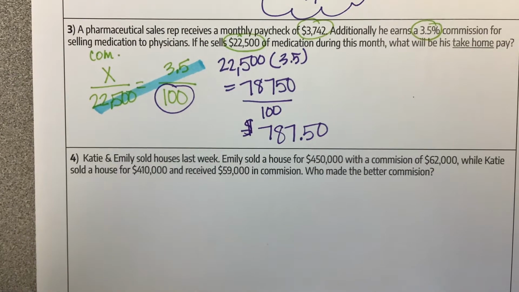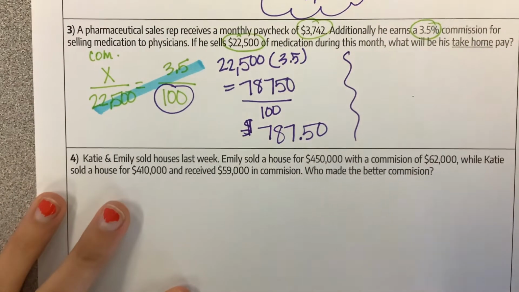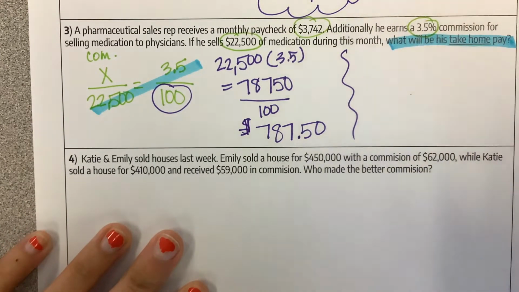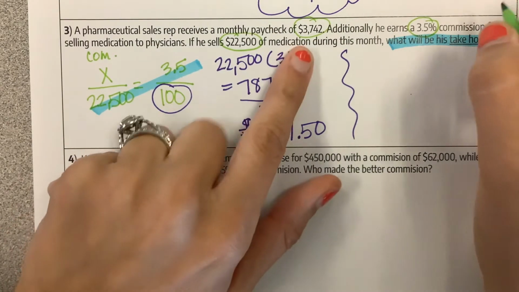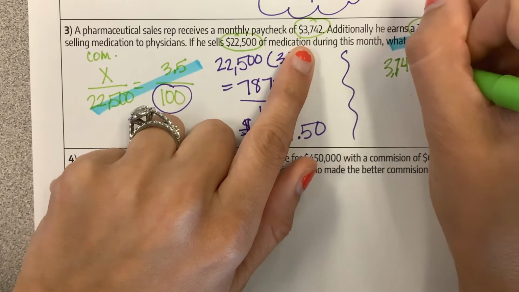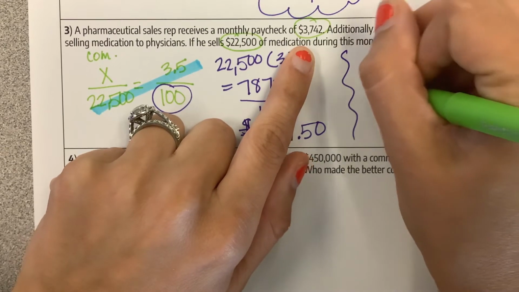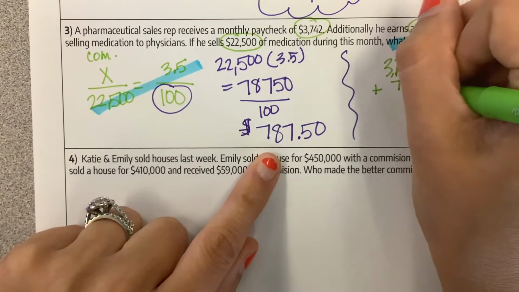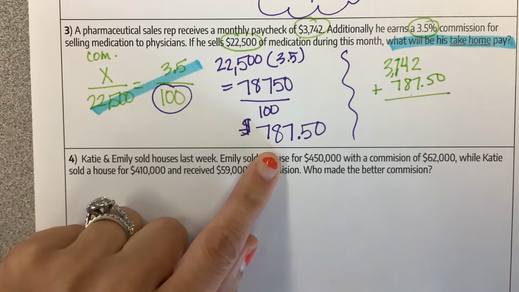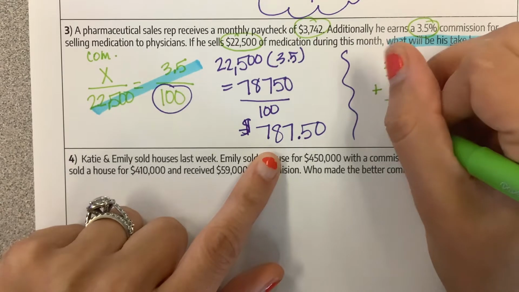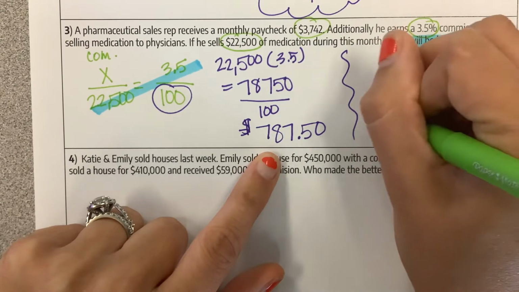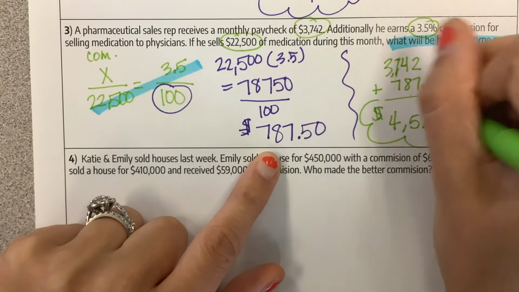So that's his commission. Second part is the total take-home pay, because what it's asking is, what will the take-home pay be? He's getting $3,742 no matter what, plus this commission that he earned specifically this month. So that's going to give us a total take-home pay for the month of $4,529.50.